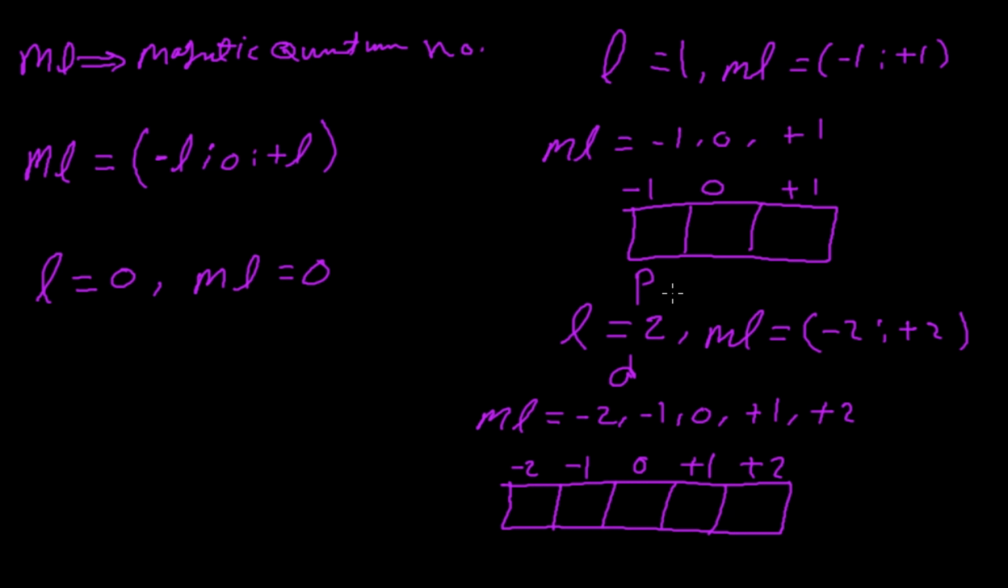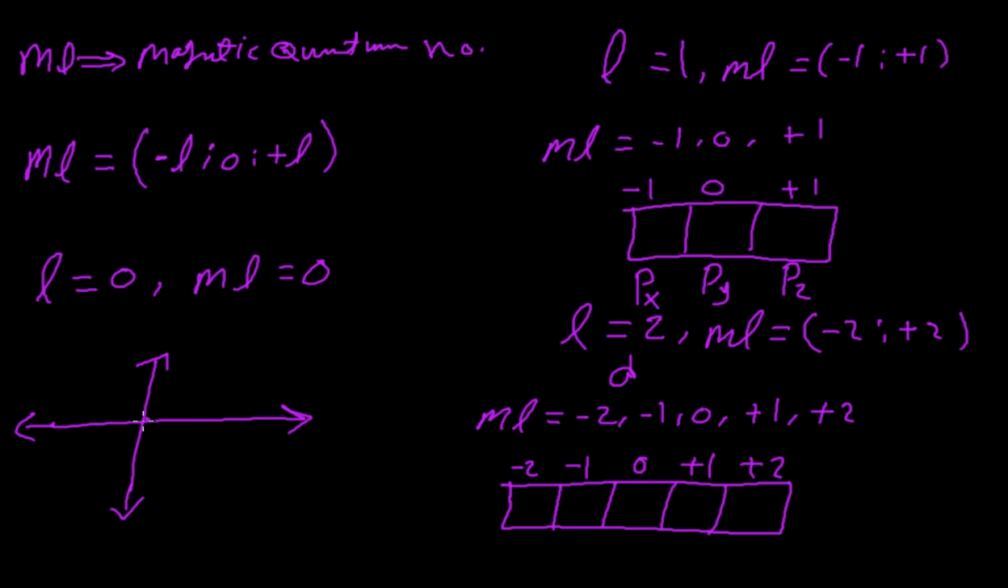We can name them as px, py, and pz according to their orientation in the 3 dimensions. And the shapes, let me draw the shapes of the p orbitals.